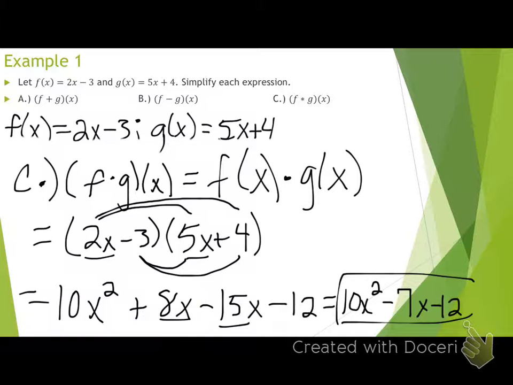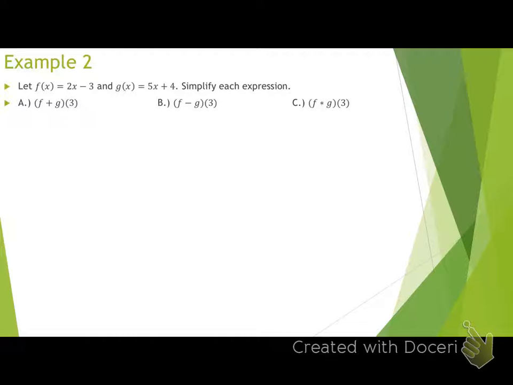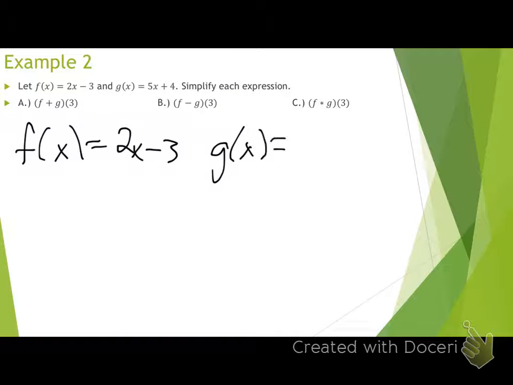We good? Can I move on? All right. Let f of x equal 2x minus 3 and g of x equal 5x plus 4. Are those the same polynomials I had on the previous slide?